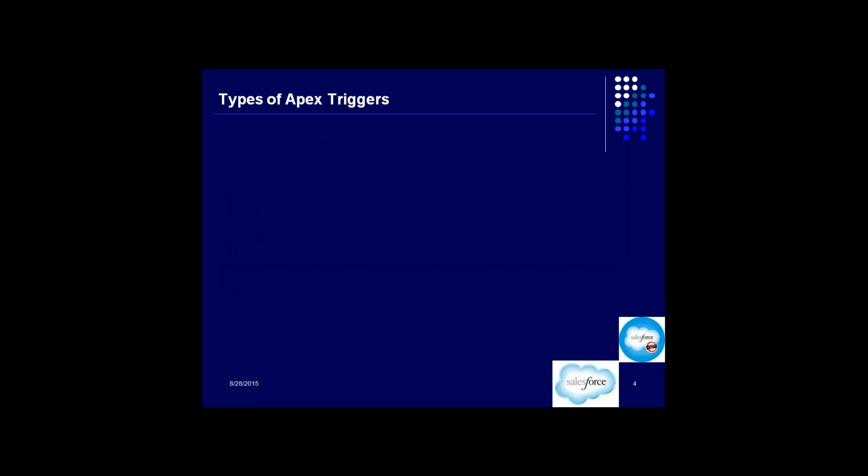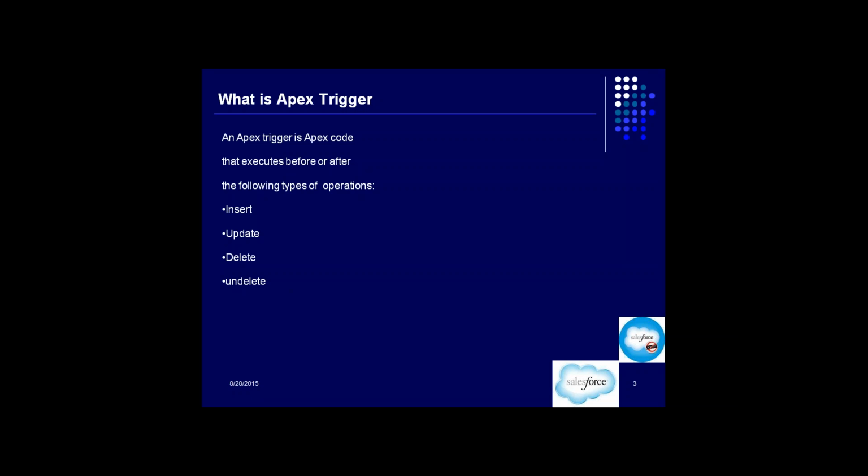Jeet, can I ask you a question? Yep. So where do we generally use after insert? For example, if we want to update some other record based on this record being inserted, you can do that. It comes into the picture in a lot of scenarios.